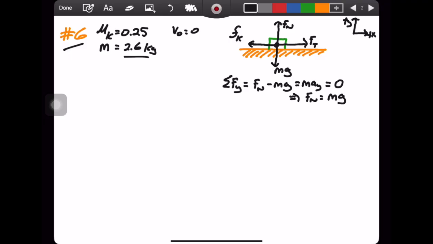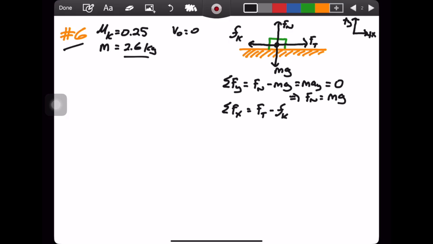The second equation I can write with my free body diagram is the sum of my forces in x. And in this problem, it's going to be the force of tension. And again, that's the rope that is attached to the block and pulling on it horizontally. And since I have to the right being positive x, I'm going to have that have a positive value. And then I'm going to have a negative value for the force of kinetic friction.